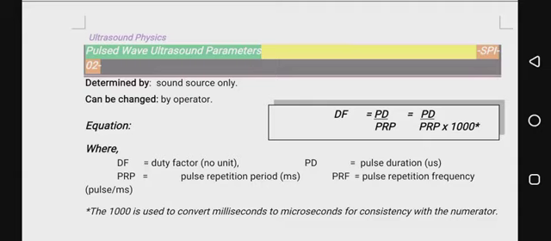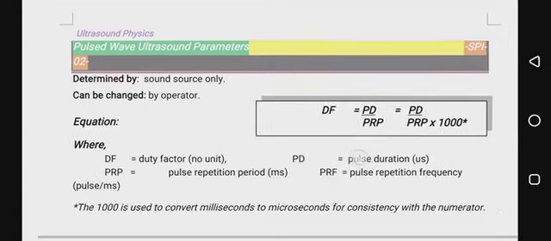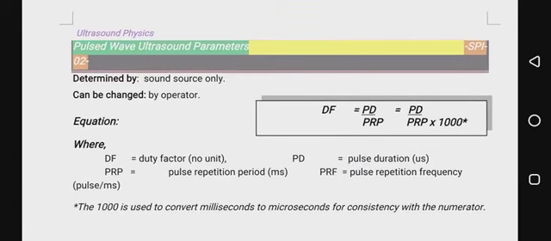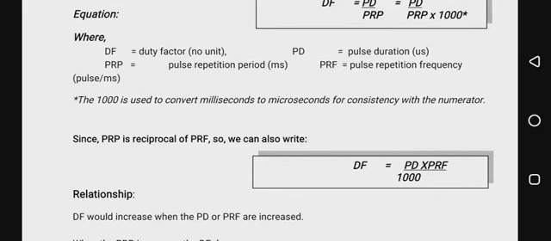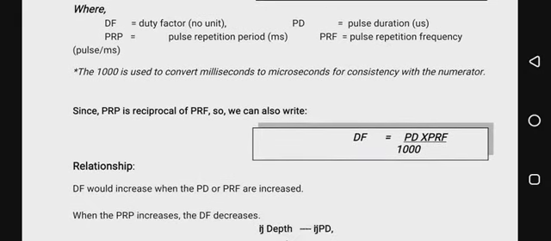The equation for this duty factor or duty cycle is pulse duration over PRP multiplied by 1,000, where of course PD is pulse duration, and 1,000 is used to convert milliseconds to microseconds for consistency with the numerator.